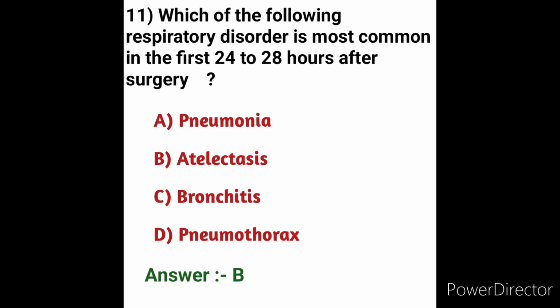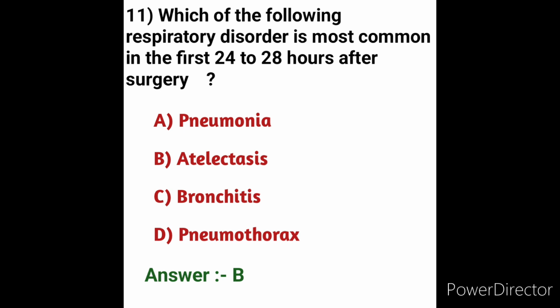What is atelectasis? Atelectasis is a complete or partial collapse of the entire lung or an area of the lung. When that happens, people suddenly develop shortness of breath.